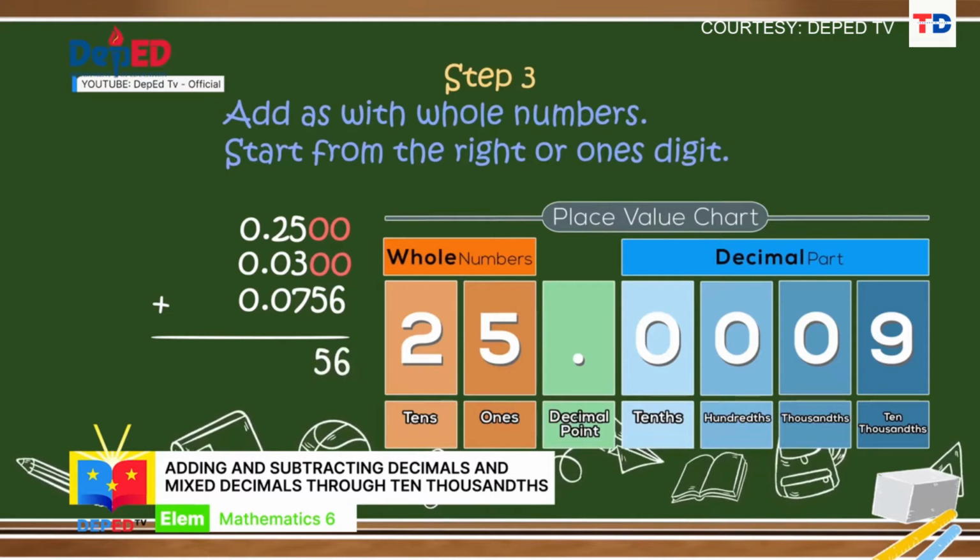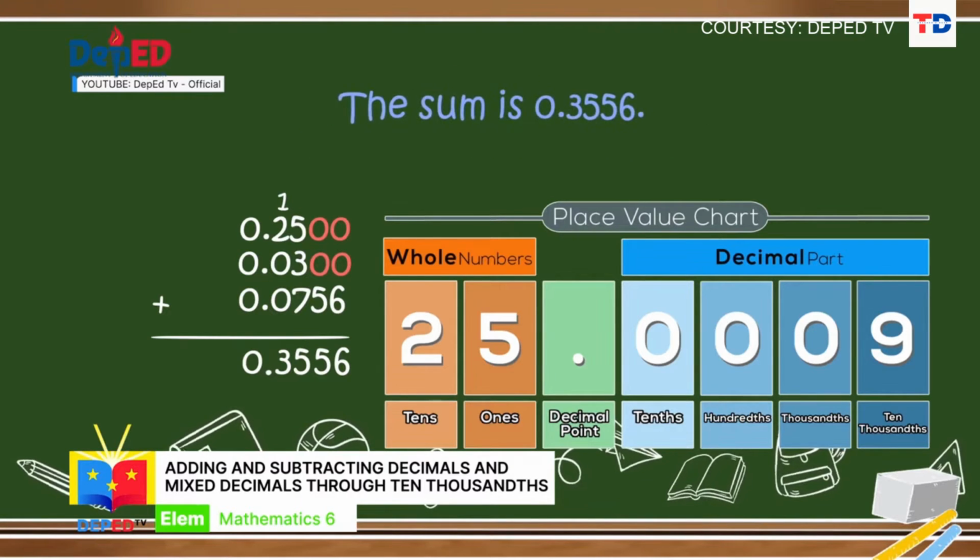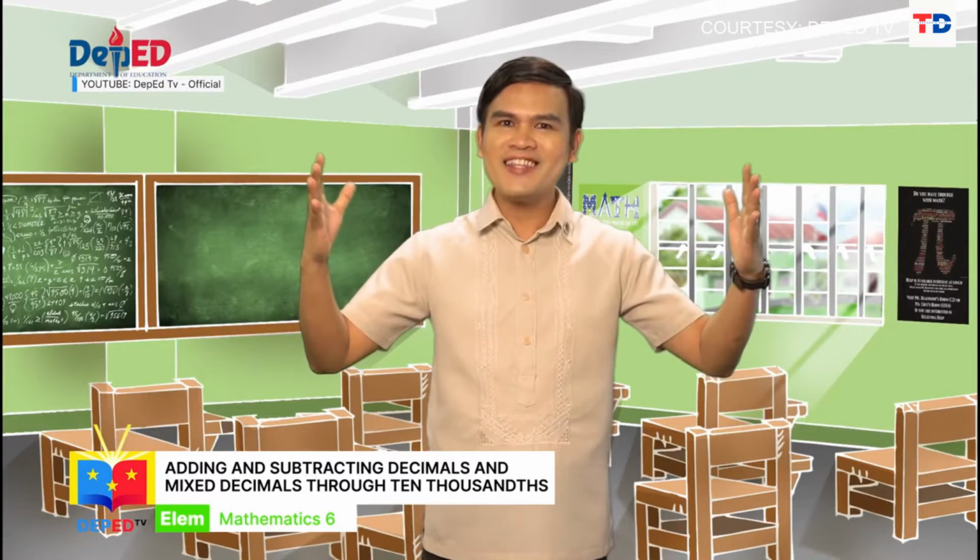Start from the right or ones digit. Step 4. Place the decimal point between the digits vertically, aligned to all the addends. So, the sum is 3,556 ten-thousandths. Are you having fun?